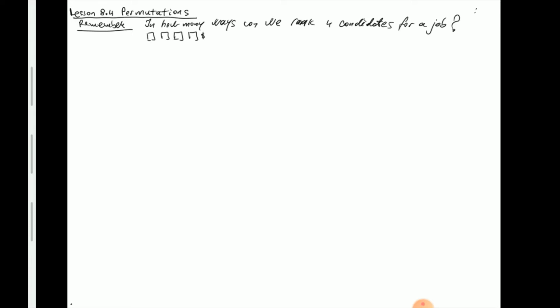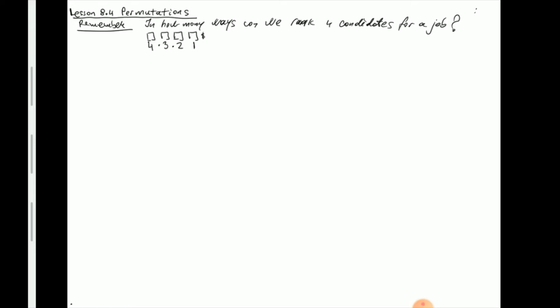You can think in terms of the number of choices for the first position being 4, but the number of choices for the second position is only 3, because once you make a choice for the first position, the number of choices for the second position is 1 less. Then the number of choices for the third position is only 2, because you selected already 2 of them, and then you're down to only 1 choice for the last position.